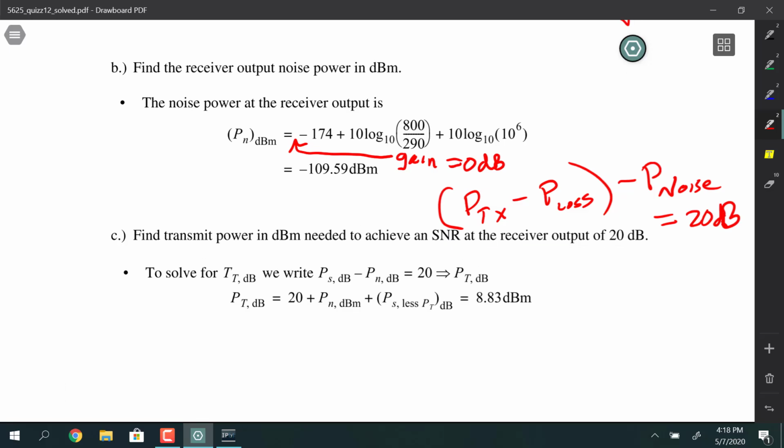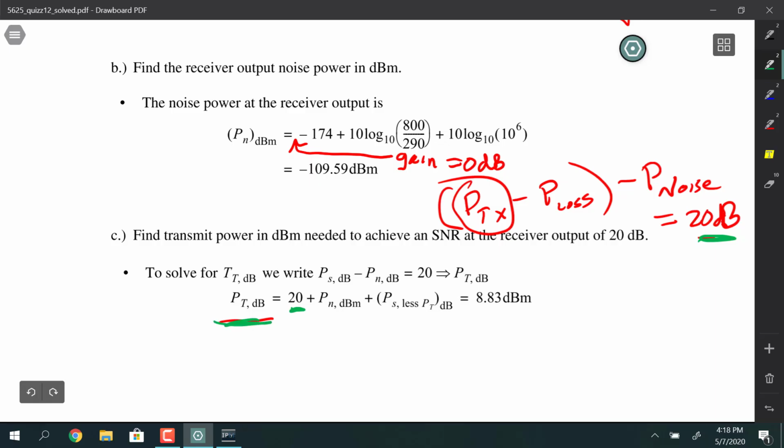So if I look at how I did this, I'm solving for that guy right there. So I want PTX to be the 20. My colors didn't shift when I finger touched it.